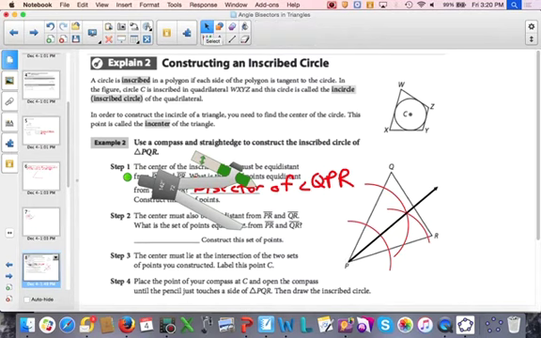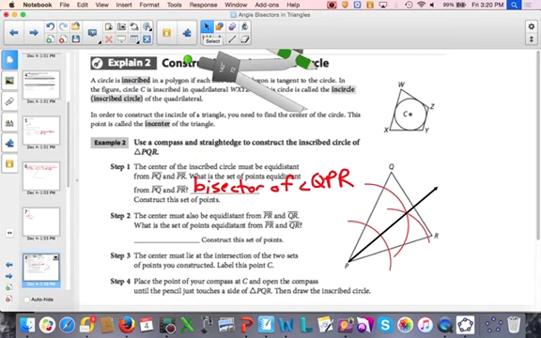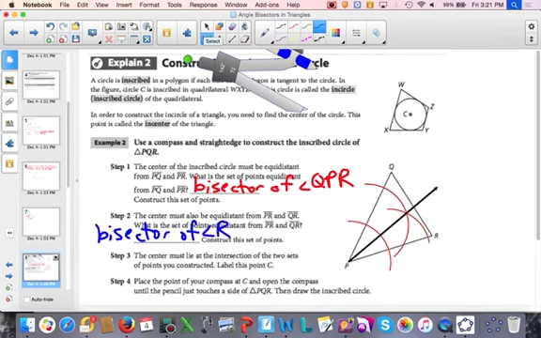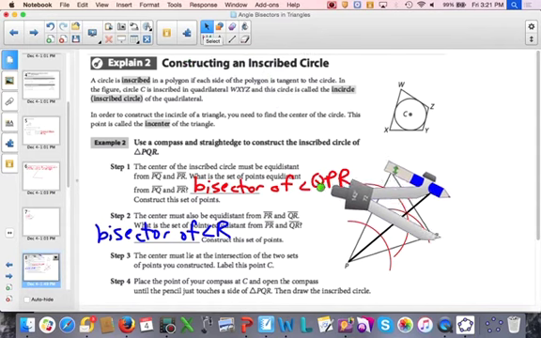The center must also be equidistant from PR and QR. I'm reading from step 2. What is the set of points equidistant from PR and QR? It would be the bisector of angle R. So I'm going to bisect that angle. Same steps.